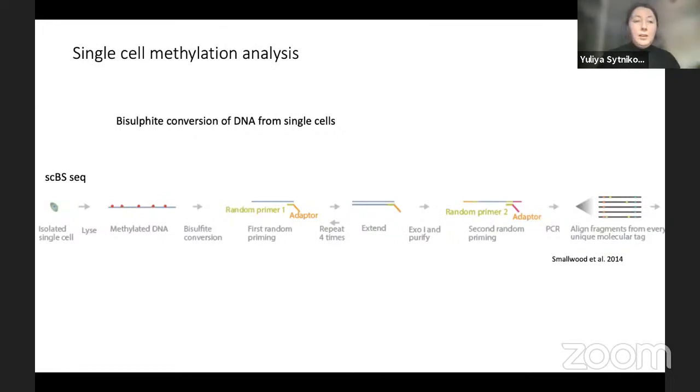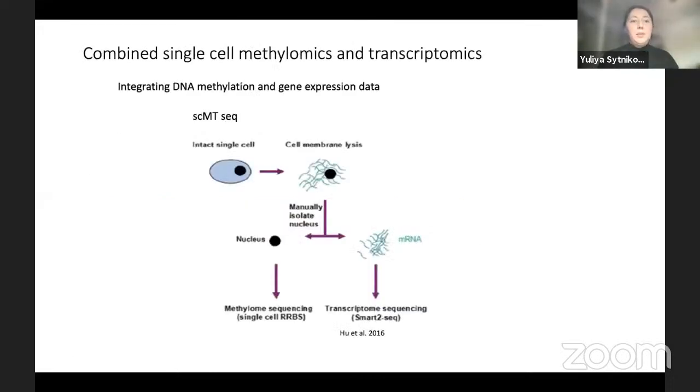So recently, this method was combined, for instance, with RNA-seq. This is especially valuable to understand how exactly in each cell methylation influences RNA expression. So-called, for instance, scM&T-seq or scMT-seq.